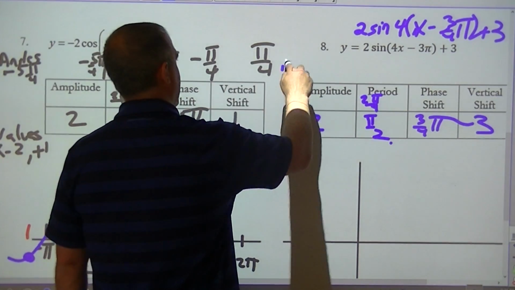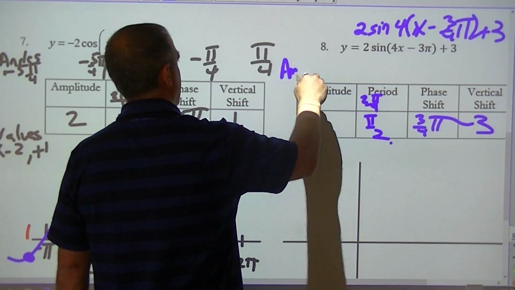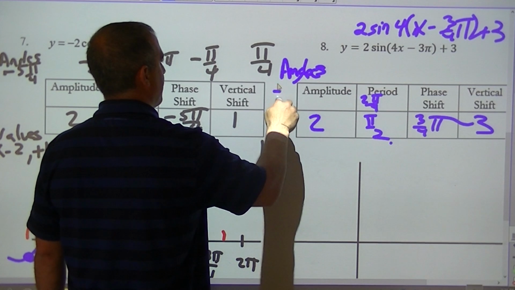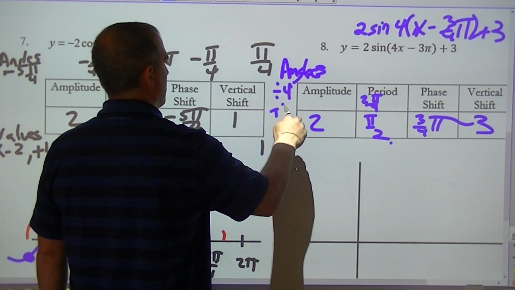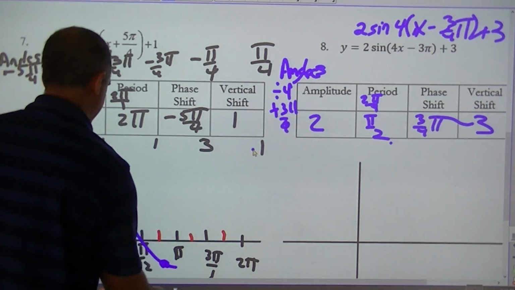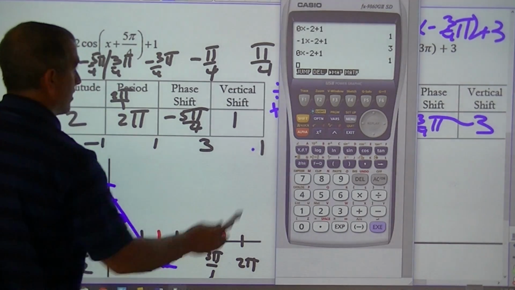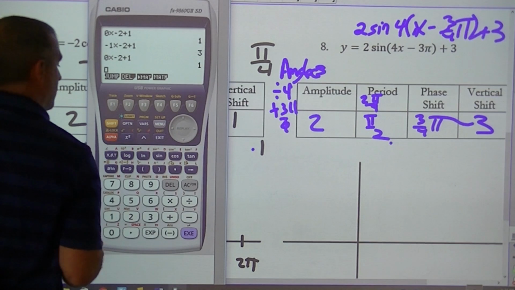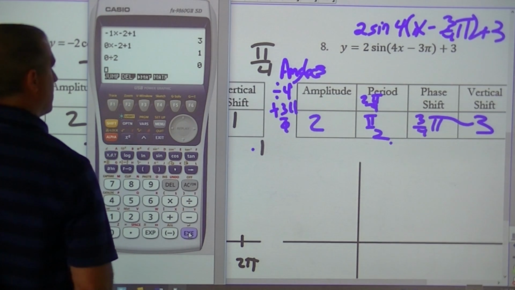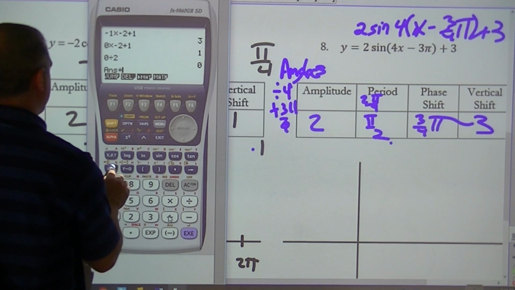Okay, so for my angles, what I'm going to do is divide by 4 and then add 3/4. I'll try to get to that quick. 0 divided by 4, plus 3/4.